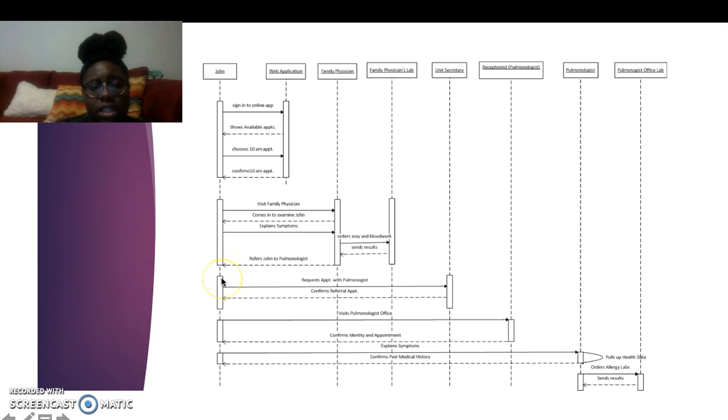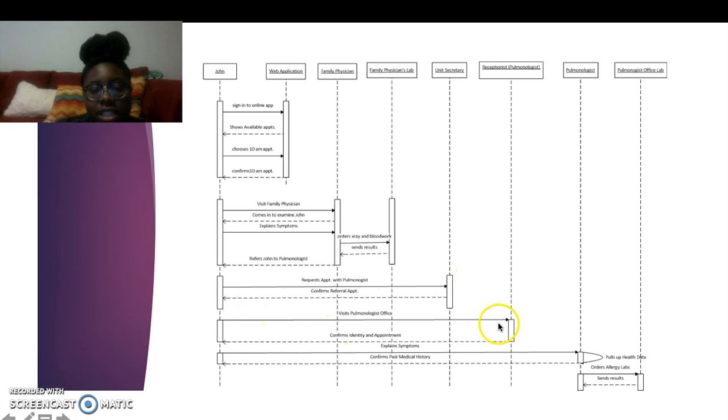The next interaction is between John and the unit secretary. John interacts with the unit secretary by asking her to make the referral appointment with the pulmonologist, and she then confirms the referral appointment with John.